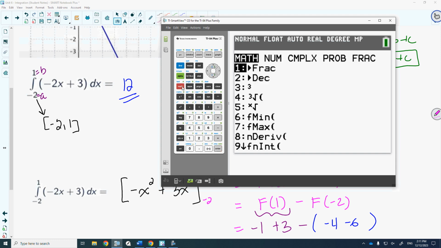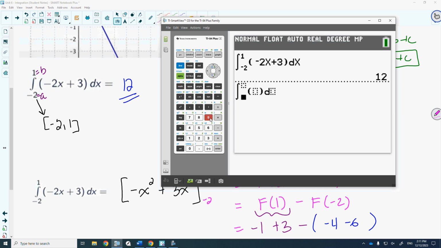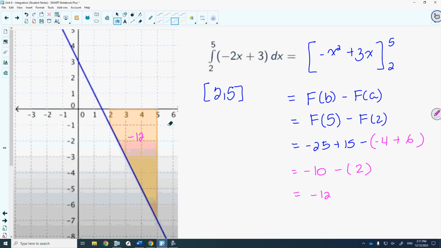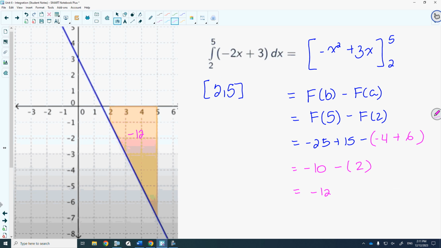So math, and then 9. And 8, I'll show you later on, is your derivative. You could actually do derivatives on here. So now type in this one. Type in from 2 to 5 when we're integrating from 2 to 5.